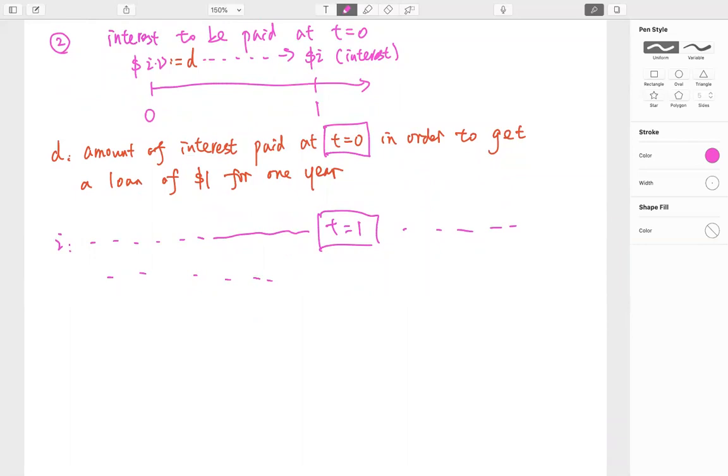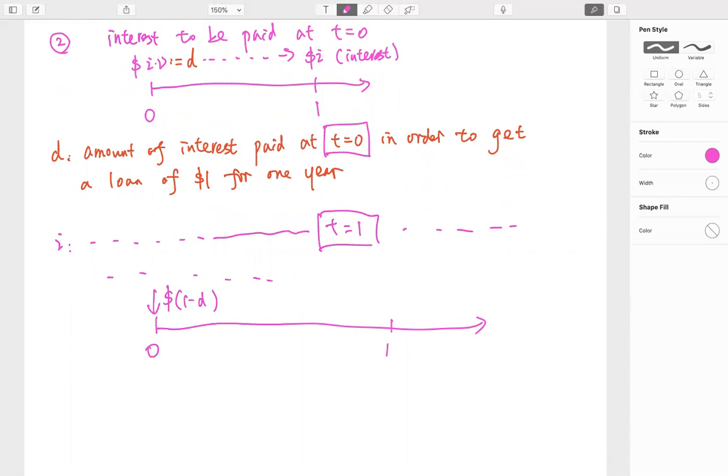And when you get the loan, you actually need to pay the interest. So effectively, in this example, still the loan example, what you actually borrow is 1 minus D, right? You want to borrow a $1 loan, and at the same time, you need to pay D dollars of interest.